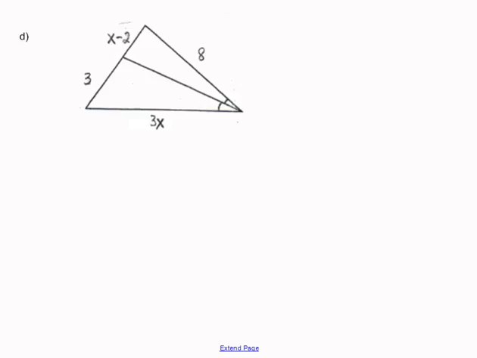Okay, now we've got more than one x on the thing. Okay, so take a look. Let's see. I'm going to use this proportion and this proportion. Okay, see what we got. I'm going to say 3x over 3.